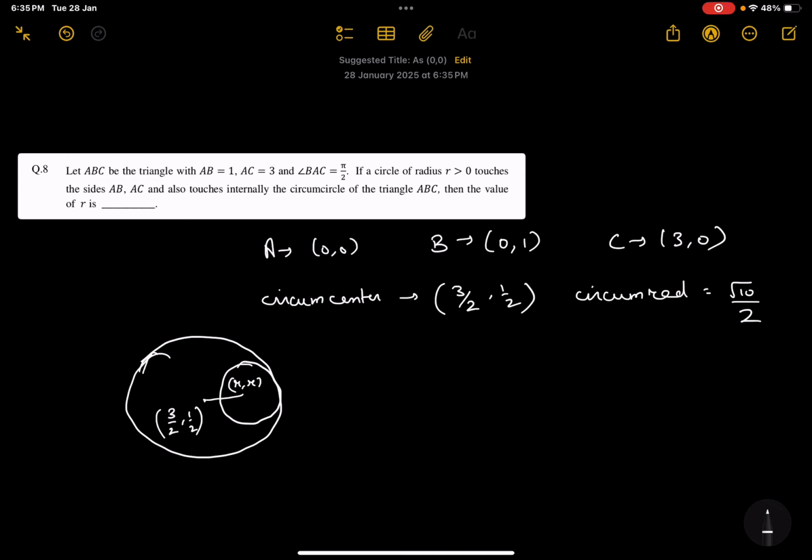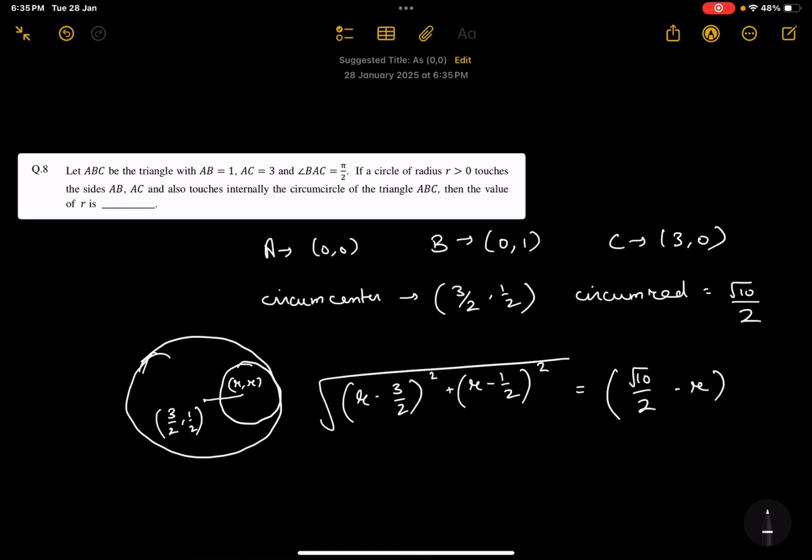So the distance would be r minus 3 by 2 squared is equal to the larger radius, which is root 10 by 2, minus the smaller radius r.